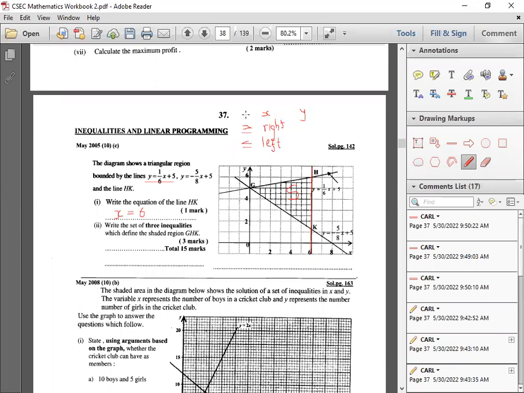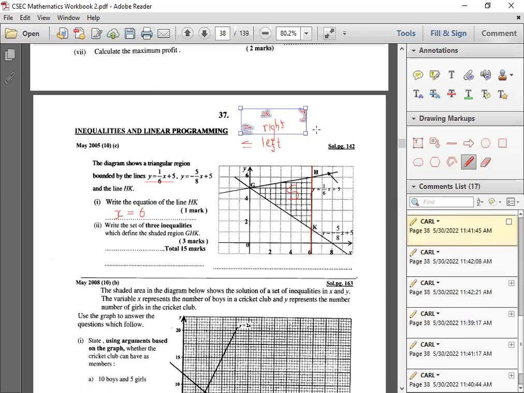For the y, greater than or equal to is above the line. For less than or equal to, it's below the line. So bear this in mind.